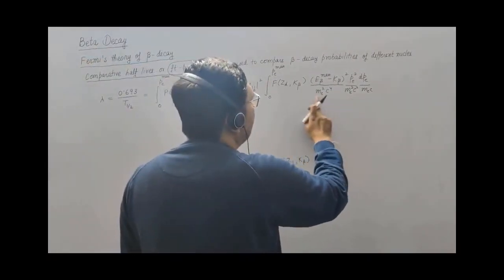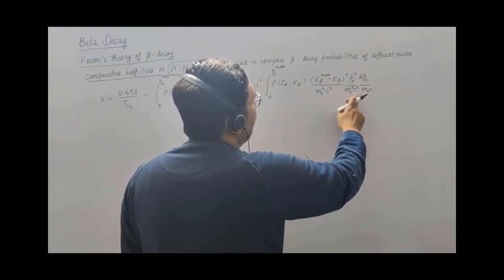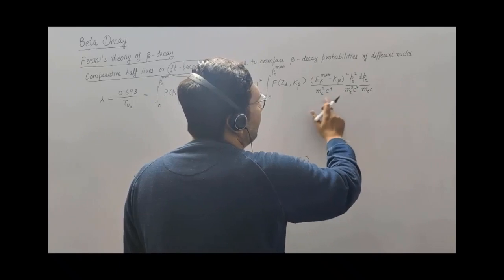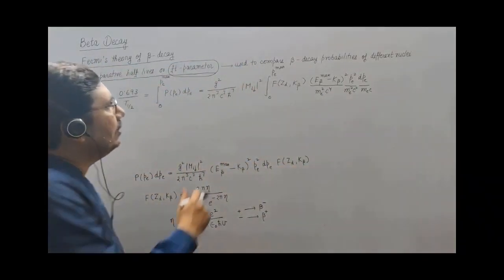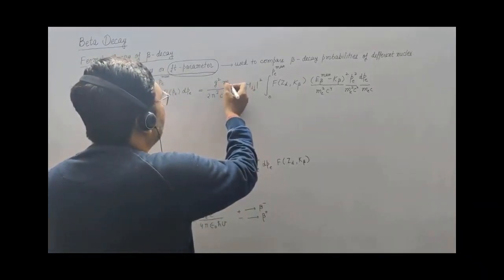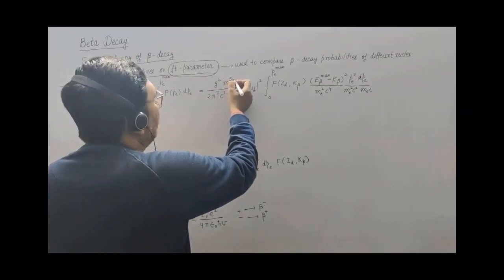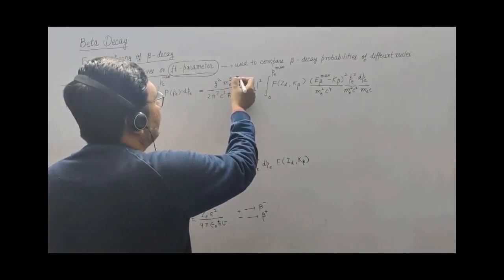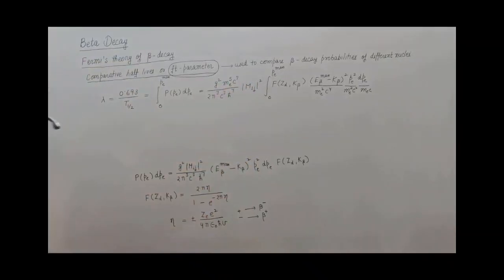So we have divided this by me to the power 5, C to the power 7, so in the denominator we have multiplied by me to the power 5 and C to the power 7. We multiply the numerator as well as the denominator by this same factor.